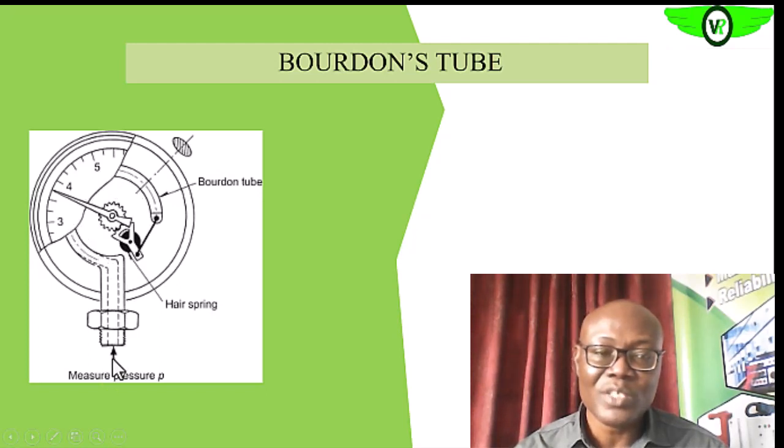Once the pressure is administered into the tube, you see that it has the effect of elongating, stretching this tube. As this tube is stretched, since it is connected to the spindle, the spindle will move. And this scale has been calibrated to give us the pressure reading that will be responsible for that specific movement on the scale.